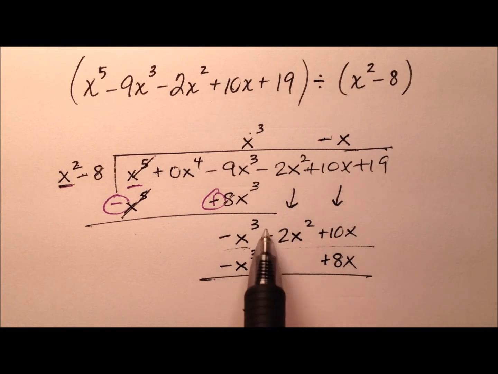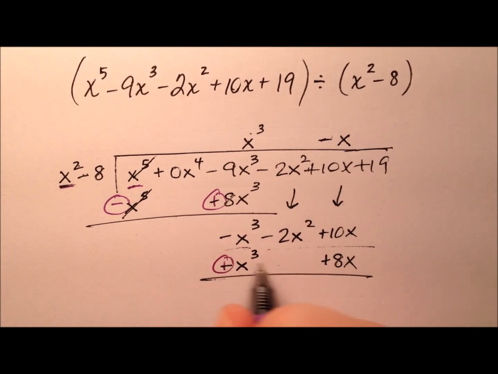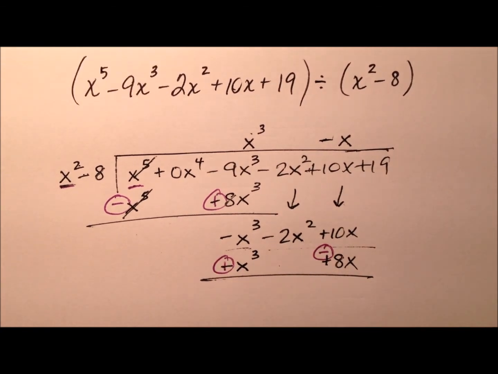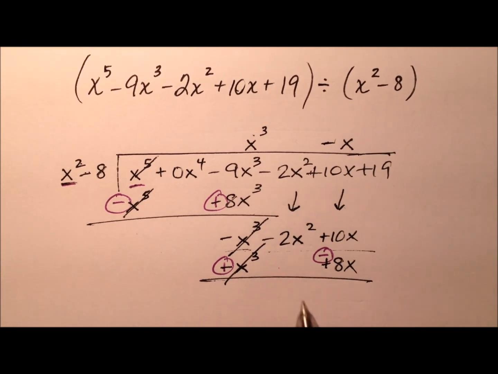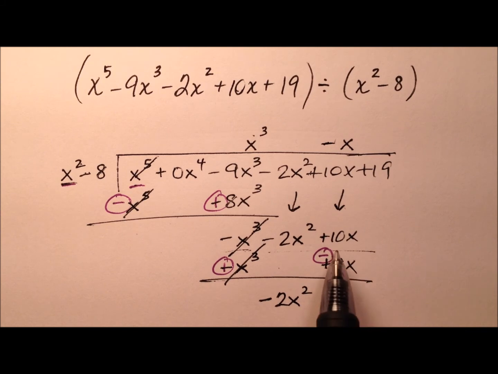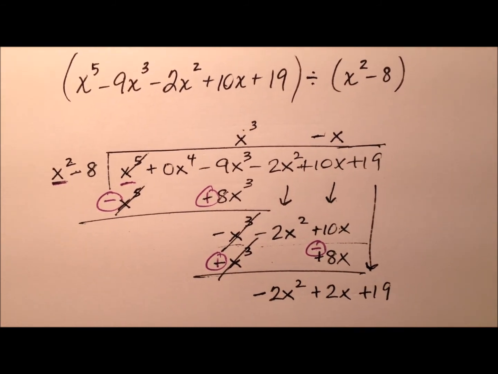Once again, ensuring that I have all the like terms aligned vertically. So when I come back through and change the signs, I'll be adding. Looks like these x cubes will cancel, and again, that's by design. So the negative 2x squared will just keep coming along. And positive 10x and a negative 8x gives me positive 2x. And then I'll bring this 19 down.